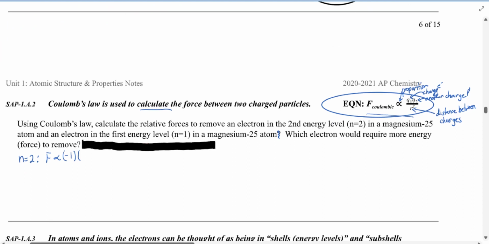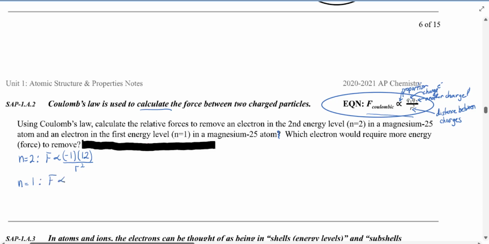And there happen to be 12 of them. So we're going to use 12 right now. Later on, we're not going to, but for now, we're going to. All right, and that's divided by some distance, r. Okay, and we're going to square it. We don't know what that distance is. n equals 1 on energy level 1.